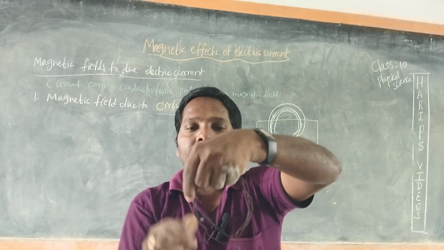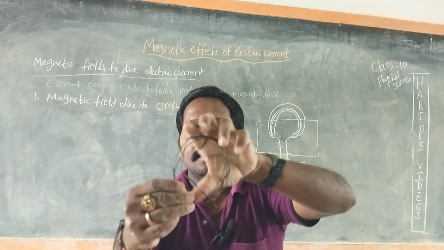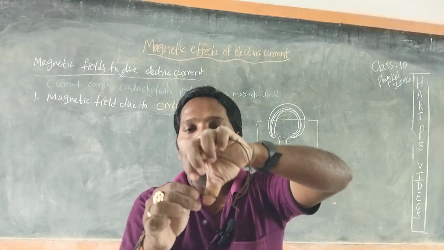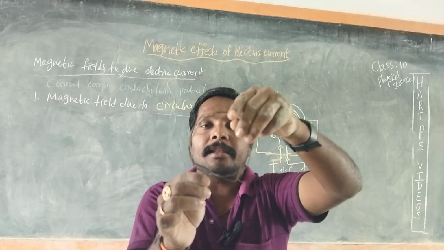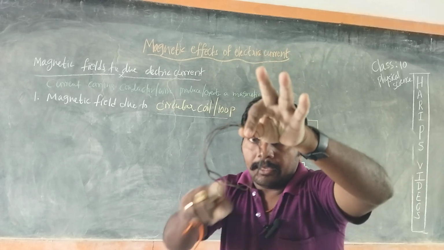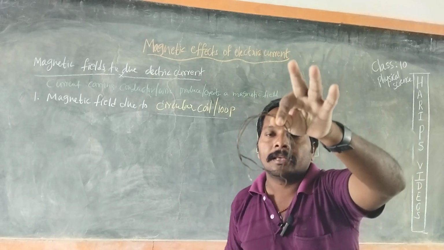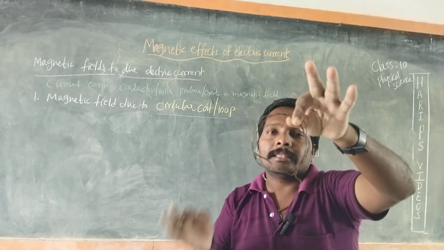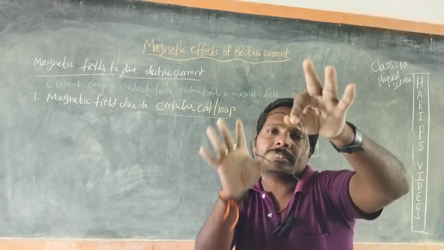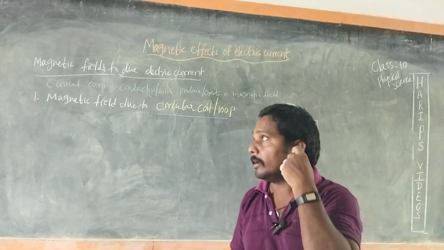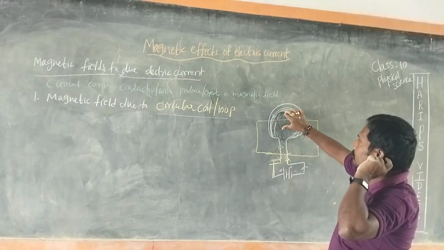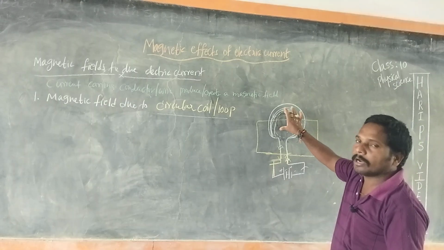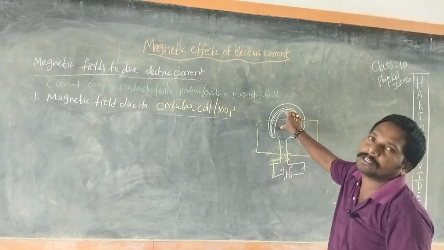Then if the current is passing through a circular loop or circular current carrying conductor, in this case in which direction is the magnetic field formed? Magnetic field due to a circular coil or a loop.